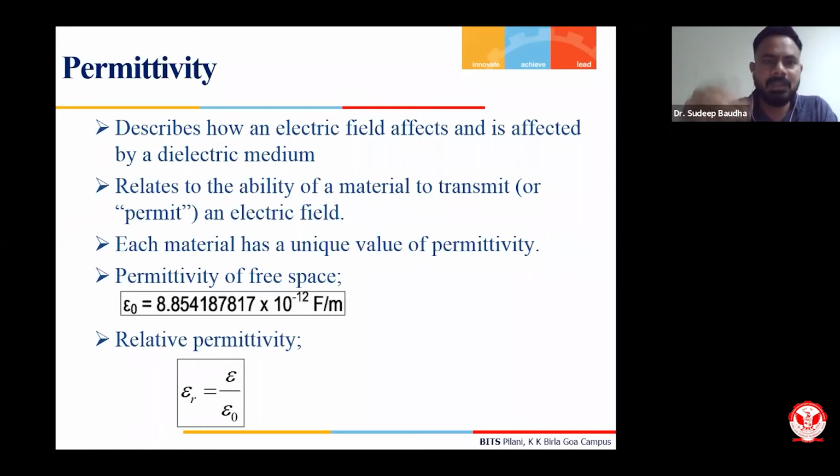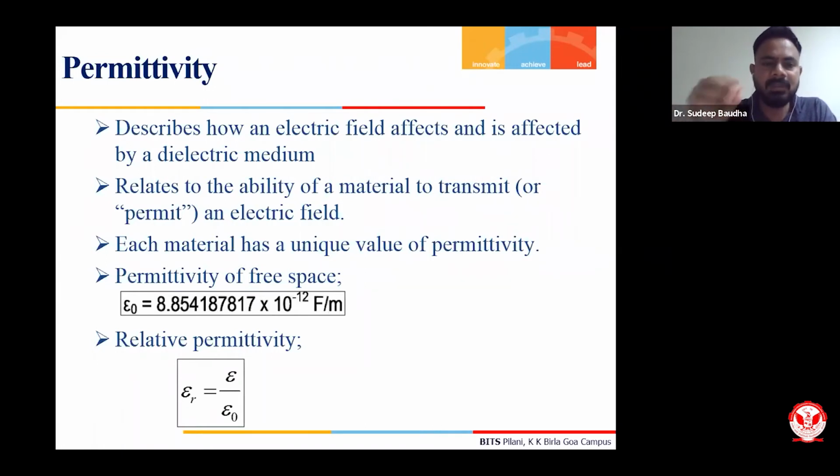For example, we have vacuum. Vacuum is where we have nothing, emptiness, and we also call it free space. But still, free space has an inherent permittivity of 8.85 × 10^-12 farad per meter. This is the lowest possible permittivity of a medium.